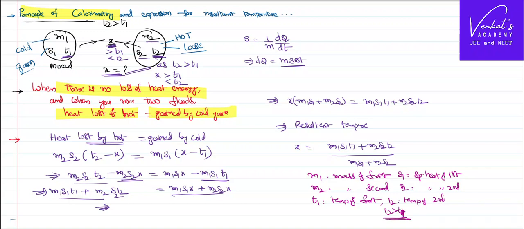So the principle of calorimetry tells you that when there is no loss of heat, heat lost by a hot body is equal to heat gained by a cold body. That's the most important part, based on which we can find the resultant temperature of two bodies when they are mixed.